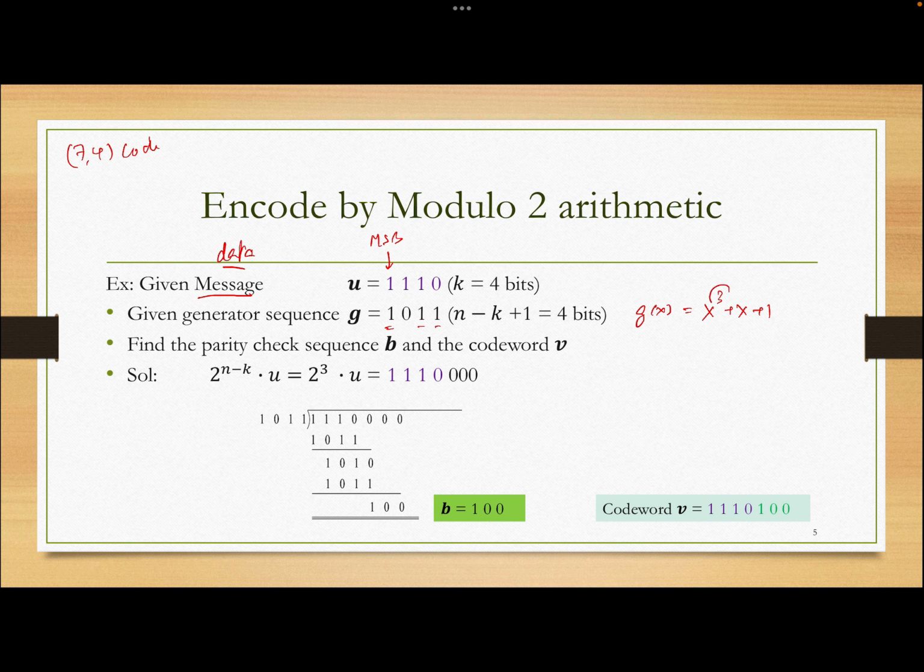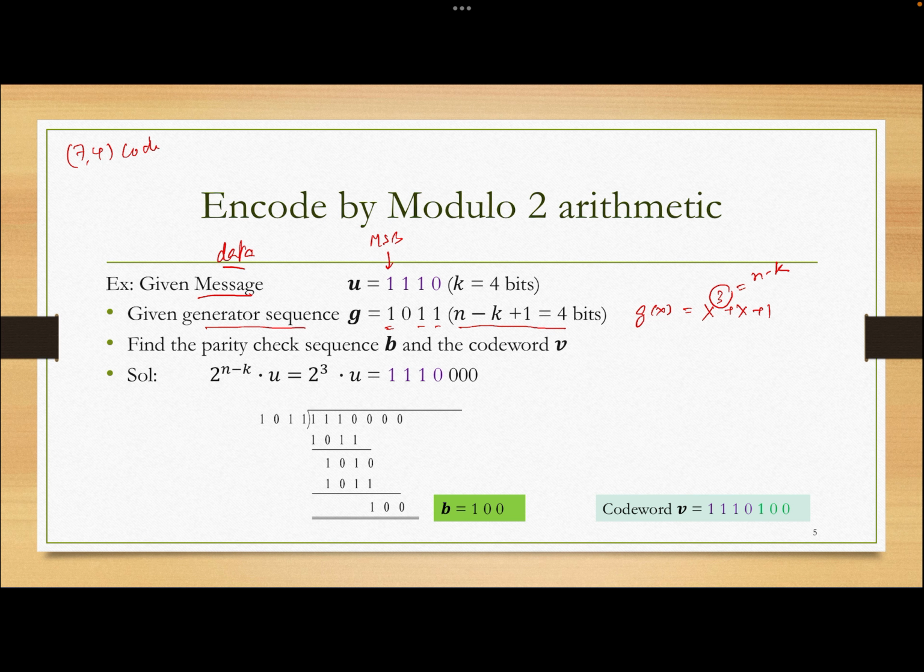The highest degree of g(x) is always equal to n minus k. The generator sequence always has the length of n minus k plus 1, because you have the coefficient of x to the 0, right? So this is the generator sequence.